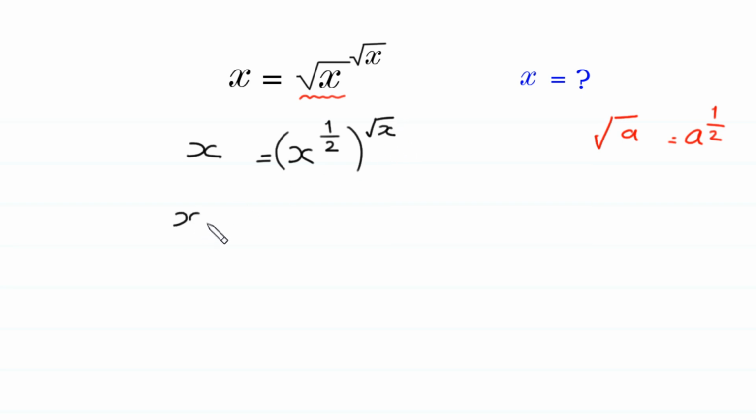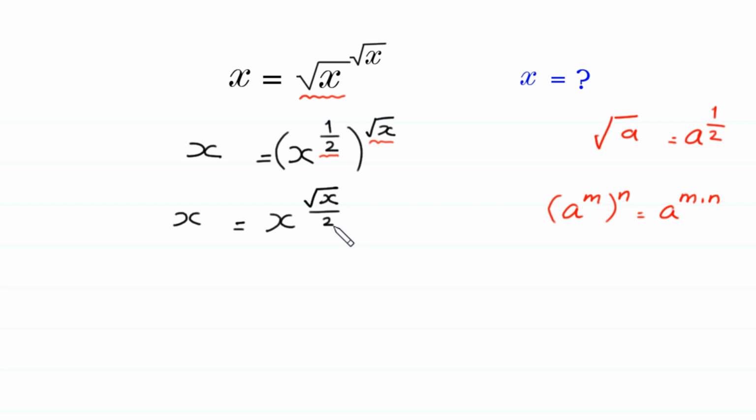Next, according to the property of exponents, a to the power m whole to the power n is equal to a to the power m times n. We multiply this power 1 over 2 by this power square root of x. x to the power 1 over 2 times square root of x is square root of x over 2.